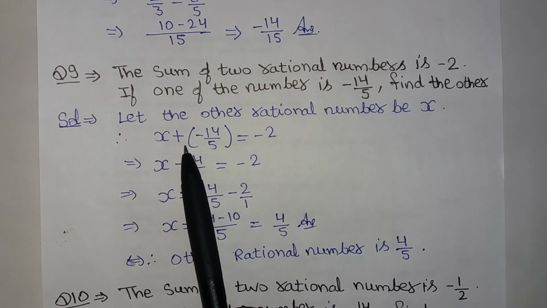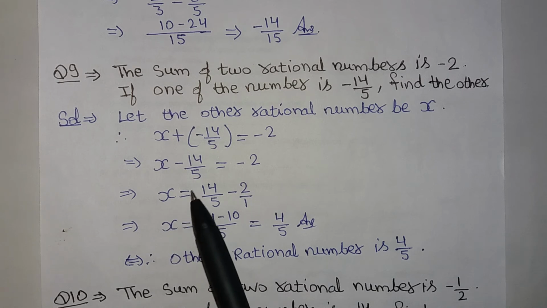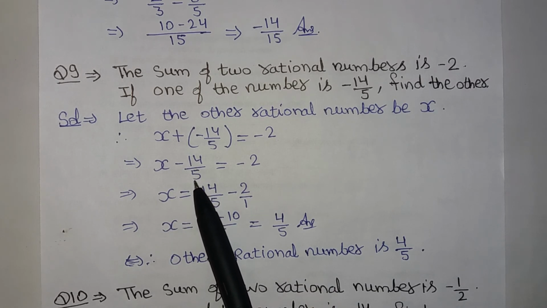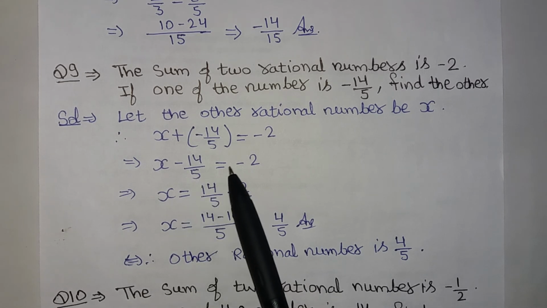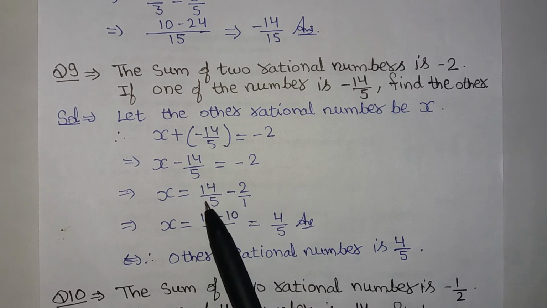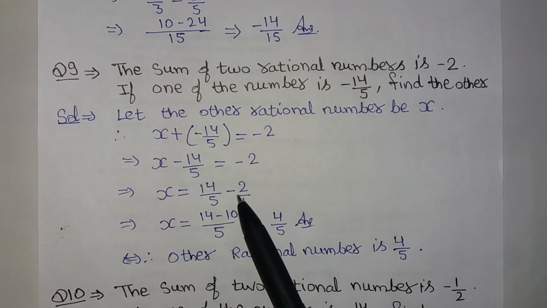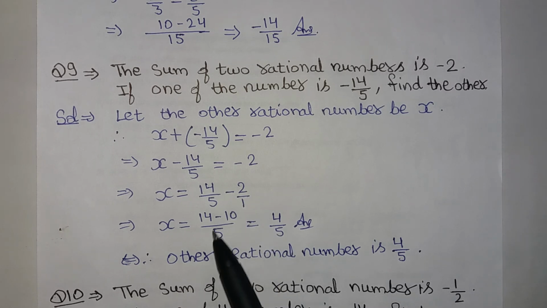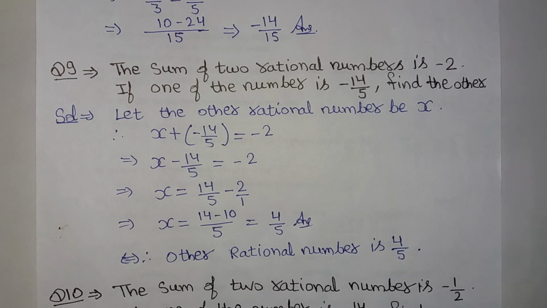So x minus 14 upon 5 equals minus 2. By transposing minus 14 upon 5, when it comes to the other side, the minus sign will become positive. So x equals 14 upon 5 minus 2 upon 1. Taking the LCM of 5 and 1, it will be 5. So it is 14 minus 10, and the value of x will be 4 upon 5. So the other rational number is 4 upon 5.